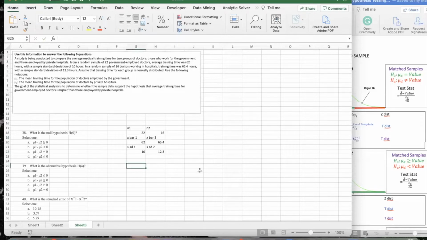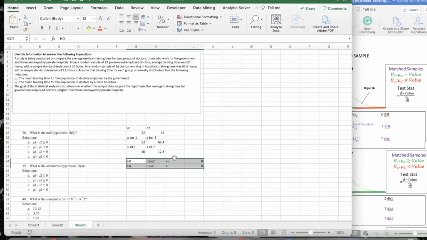So that means our HA is going to be mu1 minus mu2 is greater than 0. And that means our H0, so our null hypothesis, is mu1 minus mu2 is less than or equal to 0.